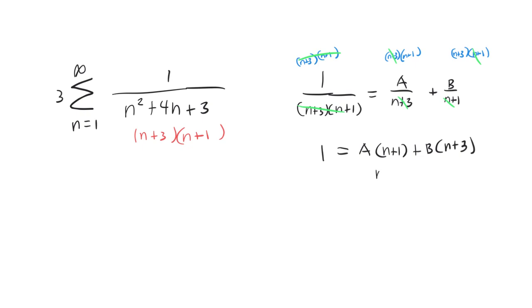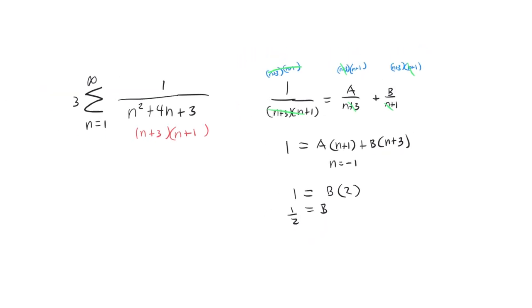So you could imagine, if n equaled -1, then when you substitute -1 into this, it's going to become a 0, so that's going to be good. So therefore, 1 equals b times -1 plus 3, which is 2. So b is clearly 1/2, right?